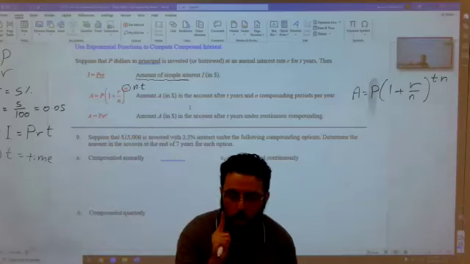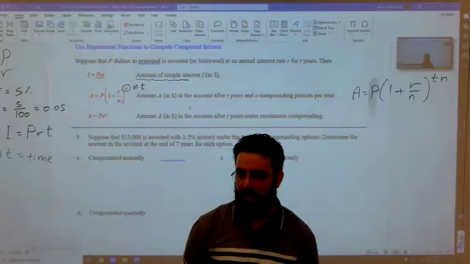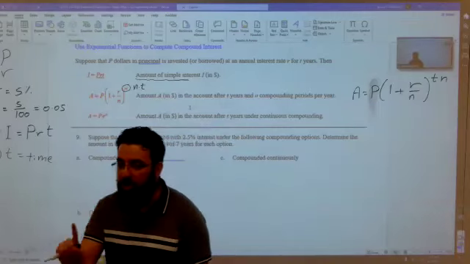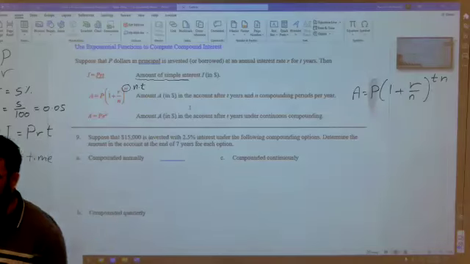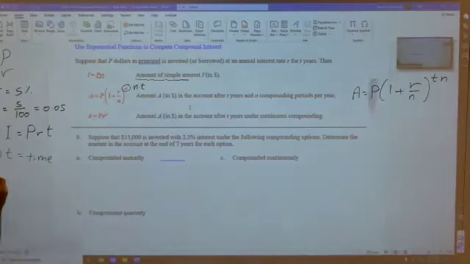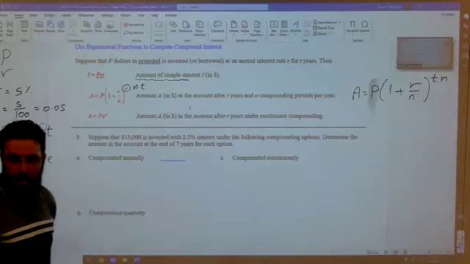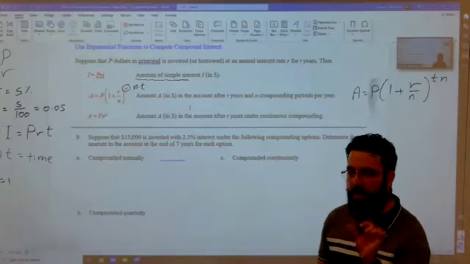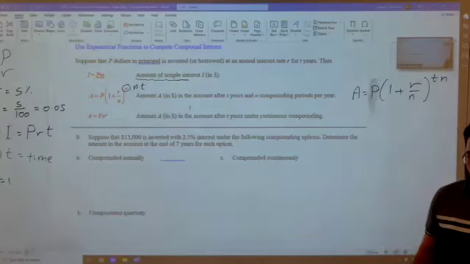I'm going to give you interest only one time in the whole year. So the value of N is going to be equal to 1. So when they tell you compound annually, N equals 1.